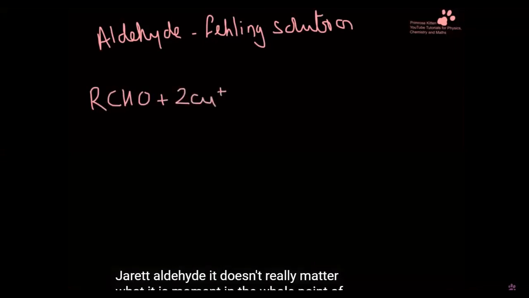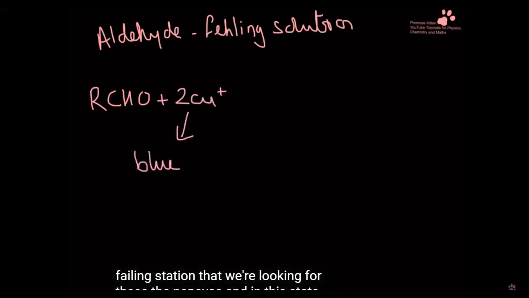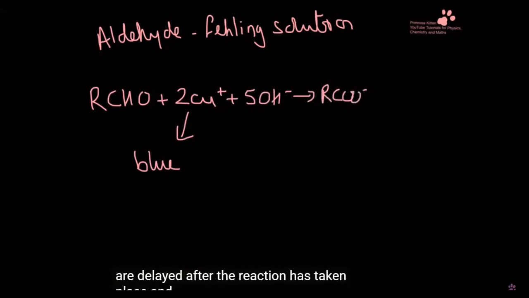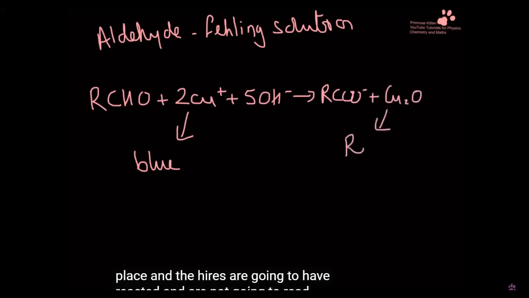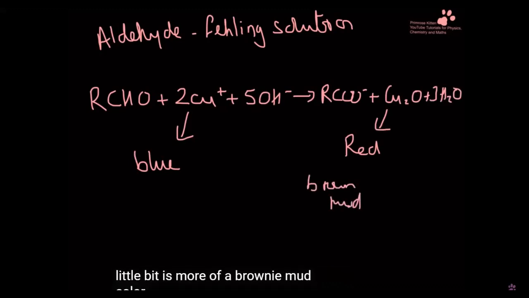The important part in the Benedict's solution that we're looking for is the copper ions, and in this state they are blue. After the reaction has taken place, the copper ions are going to have reacted and are now going to be red. Although in reality it is more of a browny mud colour.